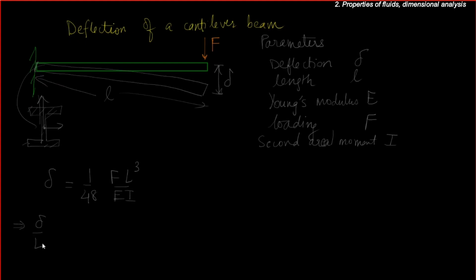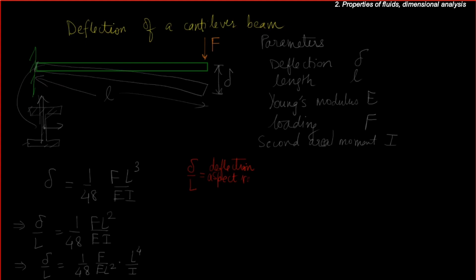We've all done it in first year mechanics. If we rearrange the left hand side and write it as delta upon L, we have delta upon L is equal to 1 upon 48 FL square upon EI. We can now rearrange the right hand side as 1 upon 48 times F upon EL square times L to the power 4 upon I. So now delta by L is kind of the deflection aspect ratio.